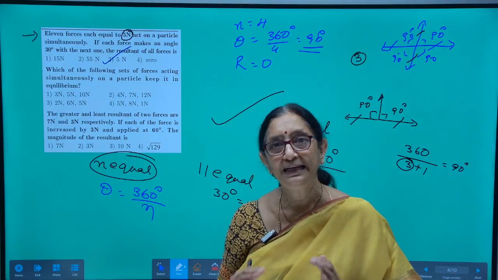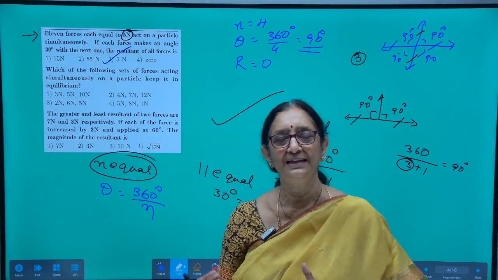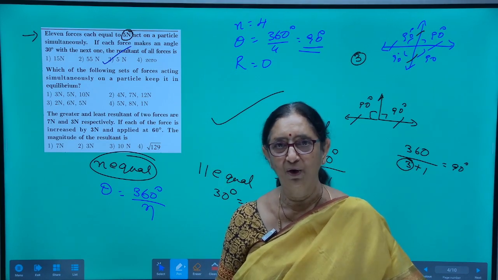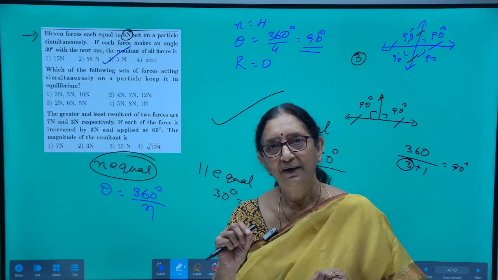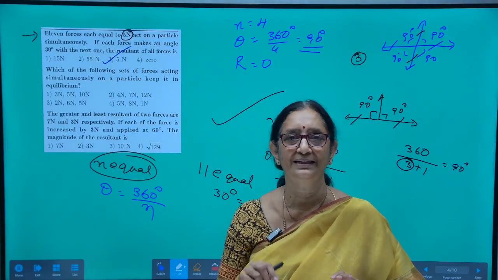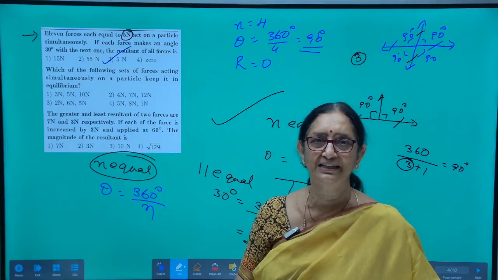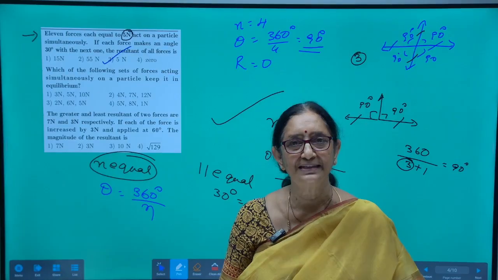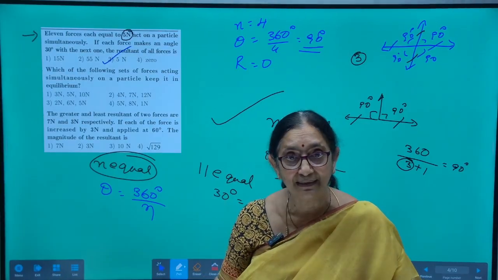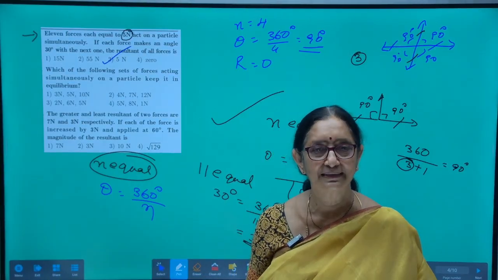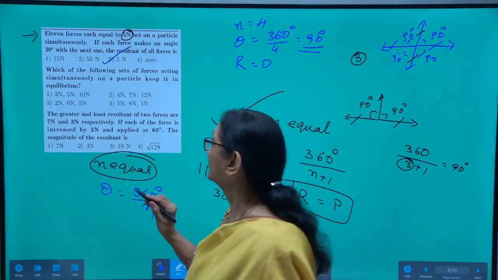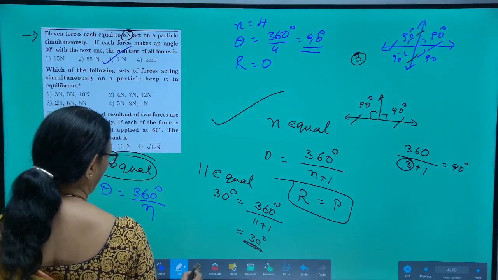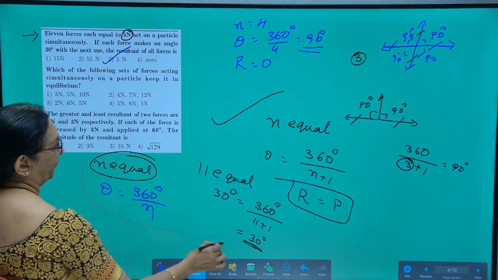N equal vectors simultaneously acting on a body, such that each vector makes an angle 360 by n plus 1 with the next vector, the resultant is equal to one of them. If each vector makes an angle 360 by n with the next vector, the resultant is 0. That is a very important point we should know.